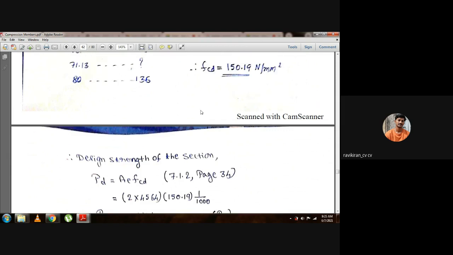Once you get the fcd value, we resubstitute it back to calculate the design strength of the section. So Pd is equal to the effective area of the section we considered, multiplied by fcd, the design compressive strength. So we got 1371 kilonewton.